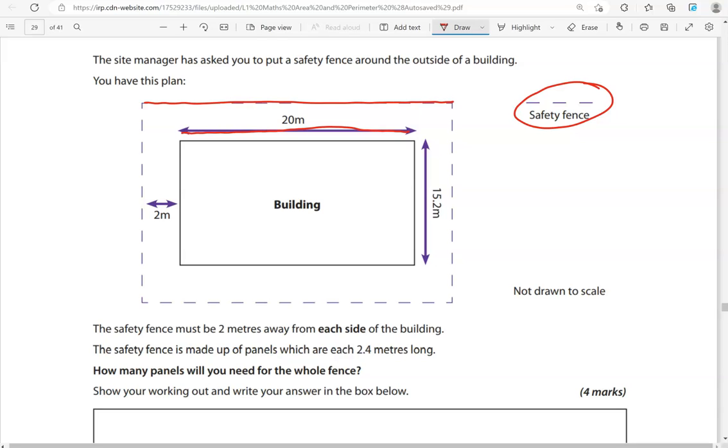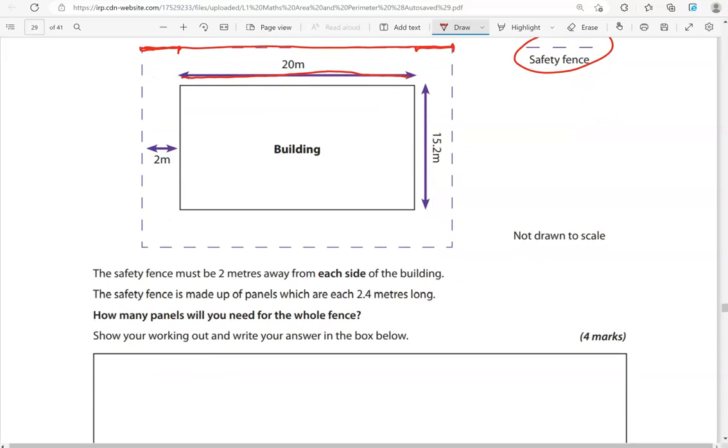And we know that the safety fence must be 2 meters away from each side of the building. So this here will be 2 meters and this here will be 2 meters. So we're going to add 4 meters to the 20 meters that we have already. So that will be 24.